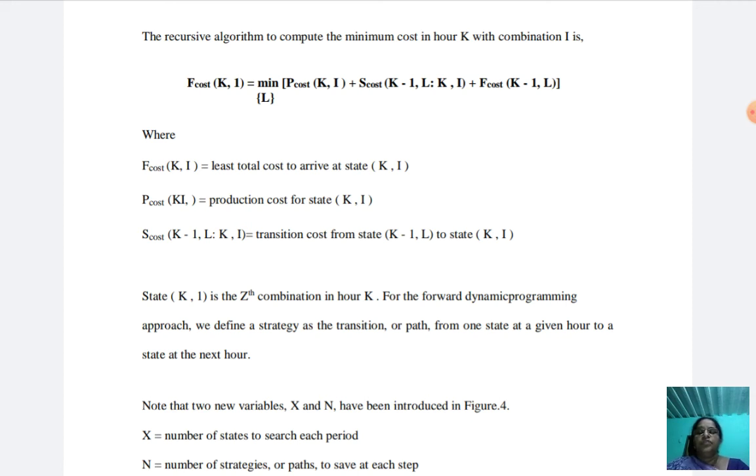Further, the state (k-1,L) is the Lth combination in hour k-1.